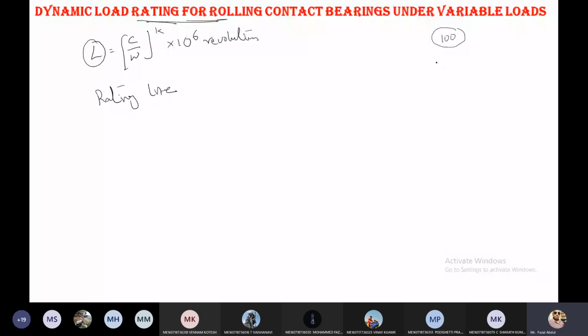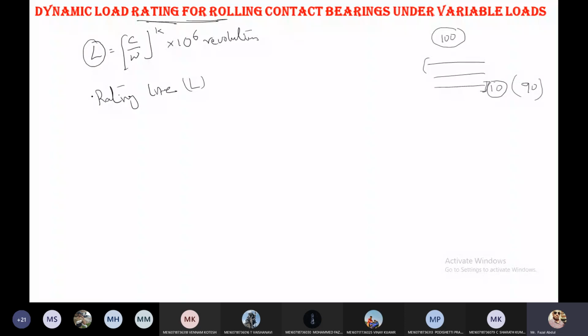If we allow them to operate continuously, some 10 bearings are going to reach the fatigue limit, meaning fatigue failure occurs for 10 bearings. If we stop there, the number of revolutions or working time for the remaining 90 bearings is considered the rating life. This is represented by capital L here.